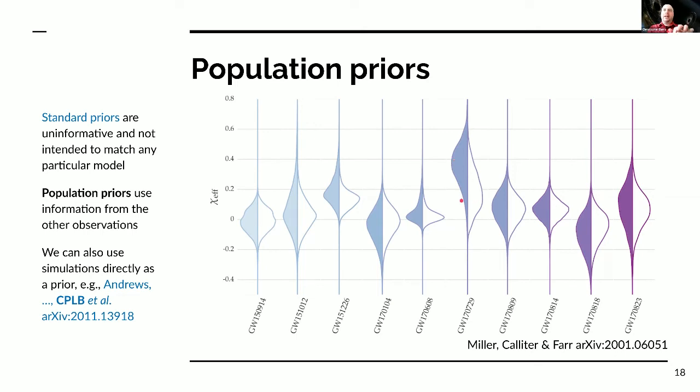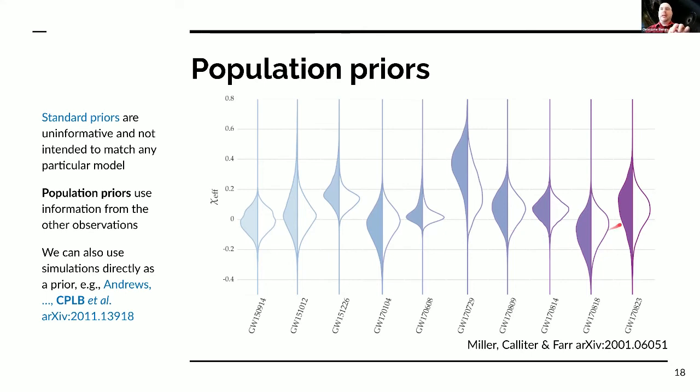We still have the likelihood that pulls us up to higher values, but balancing probability, it's more likely that it's like the other events, and we just have a noise fluctuation that happens to make it look like we have higher chi-effective. So this pulls us down to be more consistent.